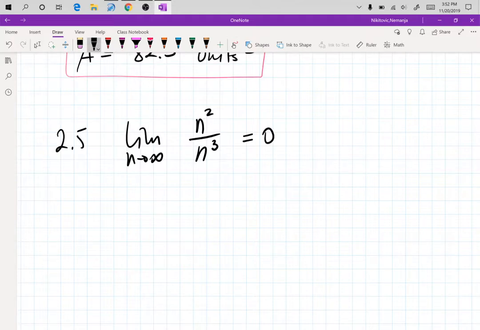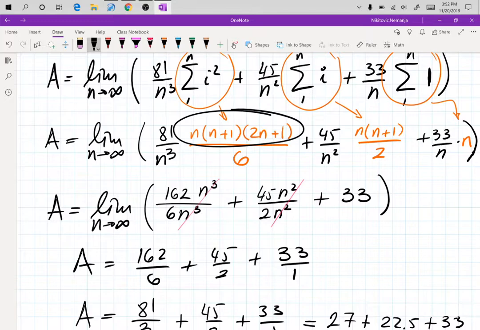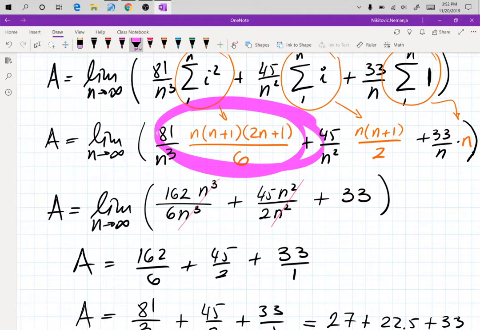So when I FOIL all of this to get 6 different terms, only the first term will be 2n cubed. Everything else would be n squared or less. And all of those terms will die in the limit, which is why I don't care about them.